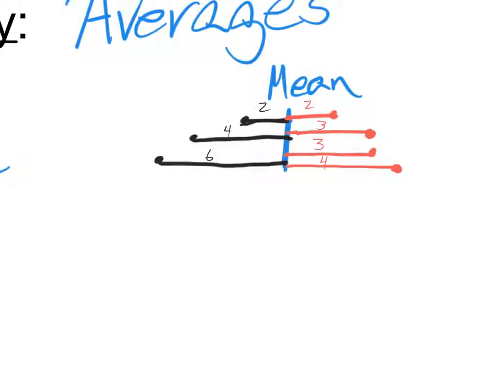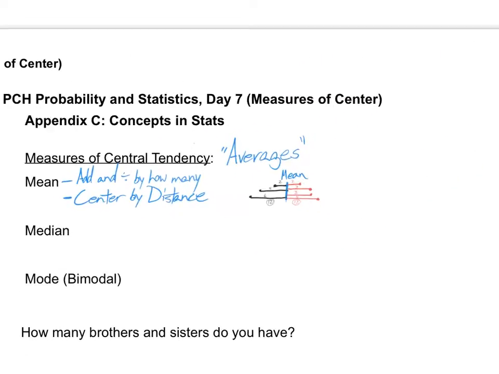So if we added these together, we have a distance of 12 that the scores below the mean are total away from the mean. The ones above the mean, though, are also a total of 12 units away from the mean. So the mean here is the middle in relation to distance. Everything is evenly spaced on either side of it. Does that make sense? So that's one measure of center.